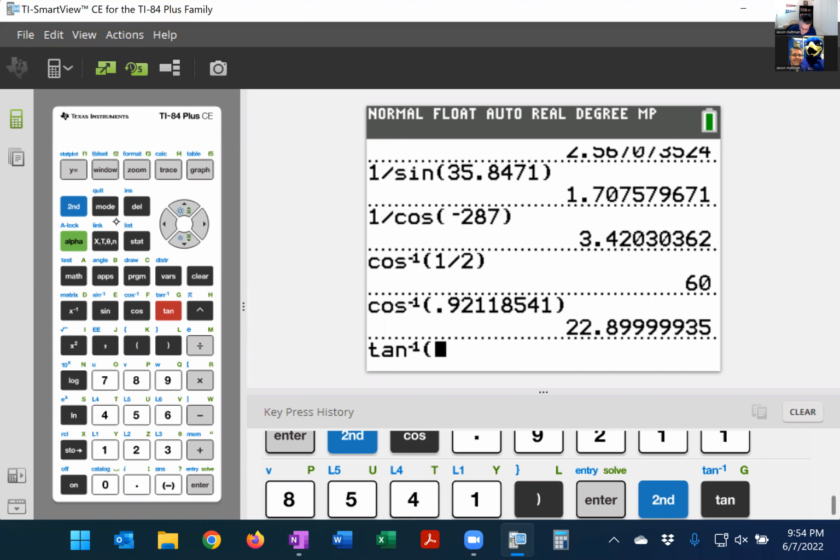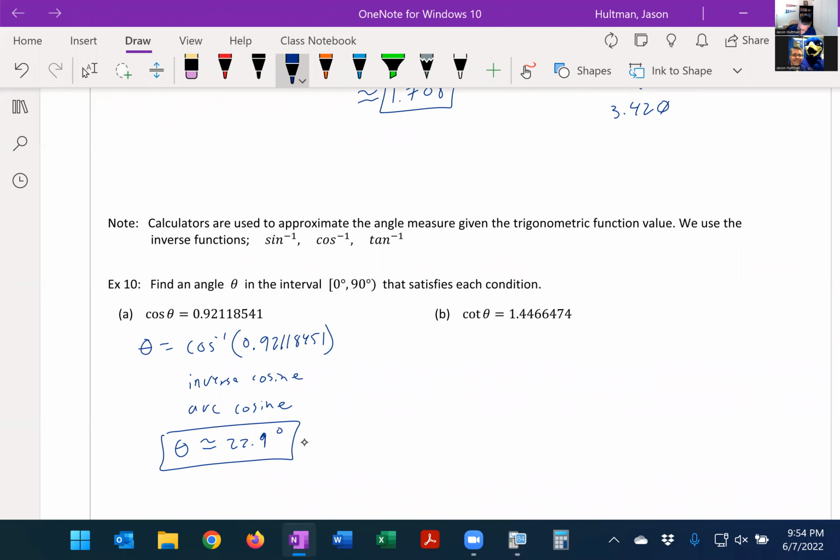So if I want to change this cotangent into a tangent, then the cotangent of theta is 1 over the tangent of theta, which is equal to 1.4466474.